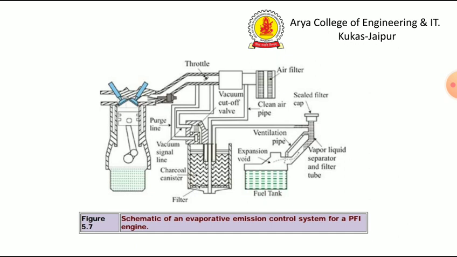Fuel tubing is made of high density polymer or steel to prevent fuel permeation. Better canister technology and more effective activated charcoal can be used for zero evaporative emissions.